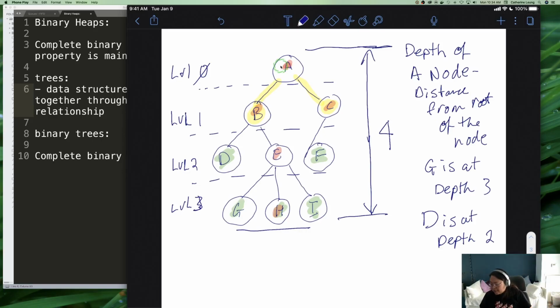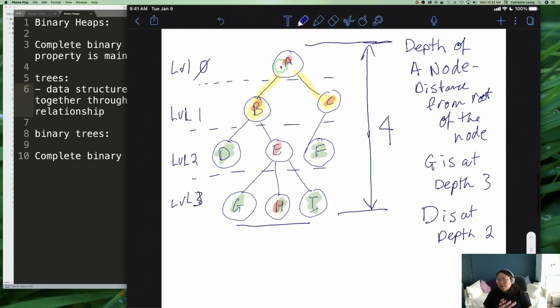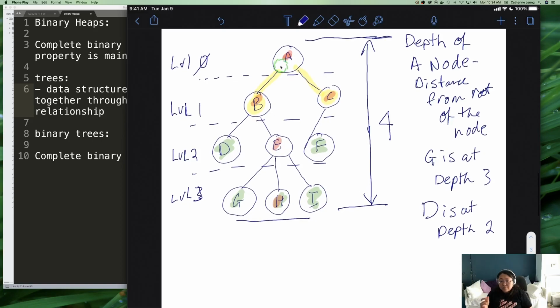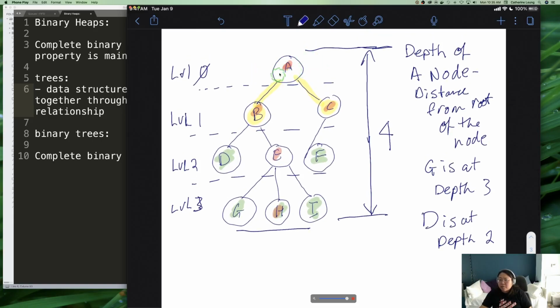We don't do that here. We use the number of nodes, so just count root to farthest away leaf. There's 4 of them right here. So far so good, hopefully. The depth of a node is the distance from the root. The height of a tree is the total number of nodes from root all the way to its farthest leaf.